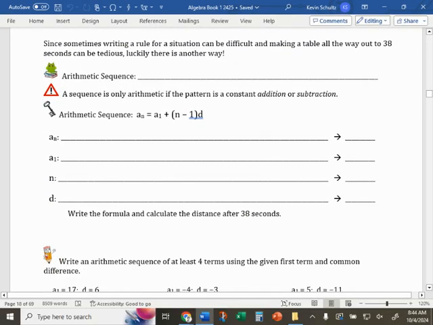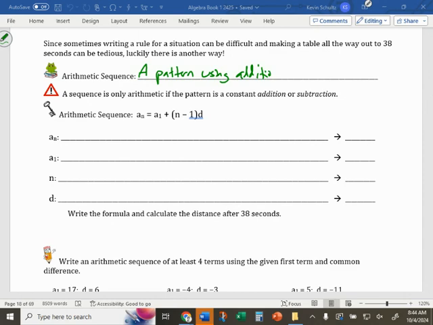So, arithmetic sequence: a pattern using addition or subtraction. And one little caveat to that here, it says this little careful.